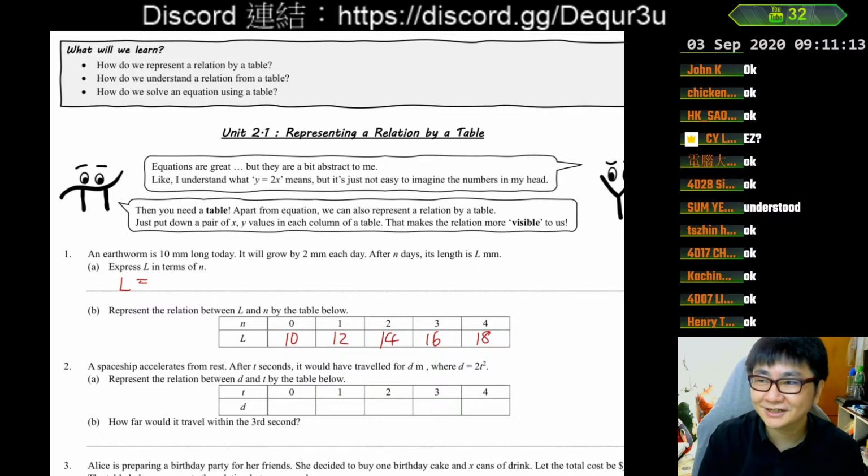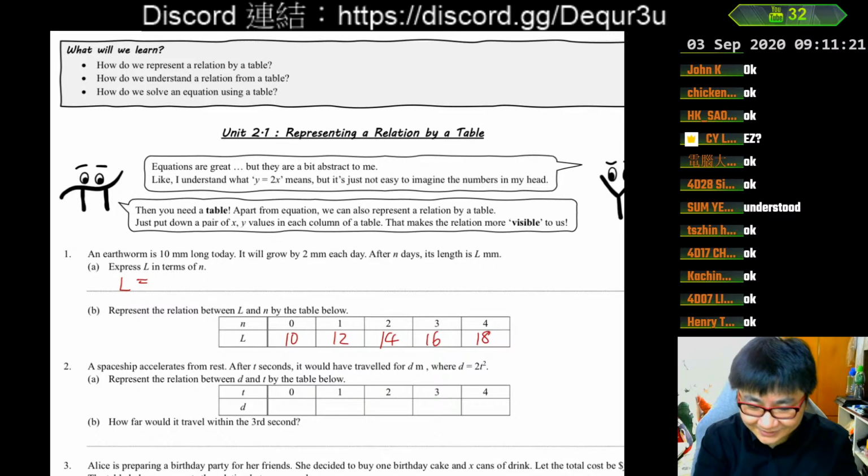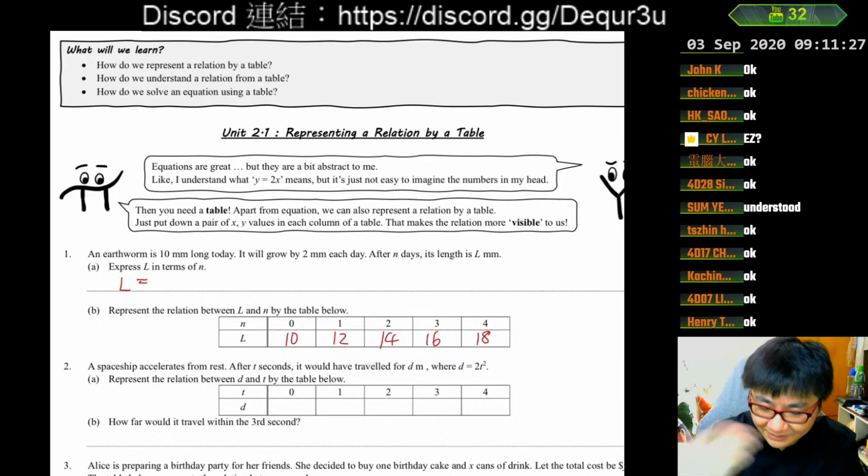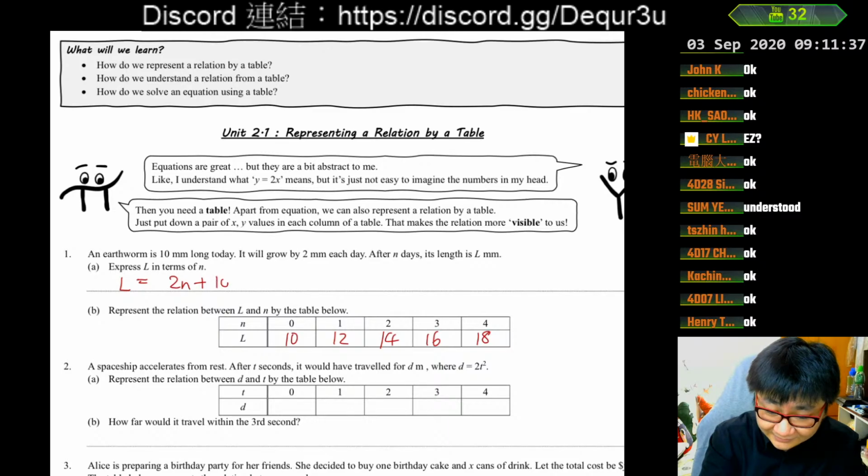So let's check. Before I ask you, have an idea what it is. Since when n is 0, it should be 10. Therefore, let's check the answer together. It should be 2n plus 10.